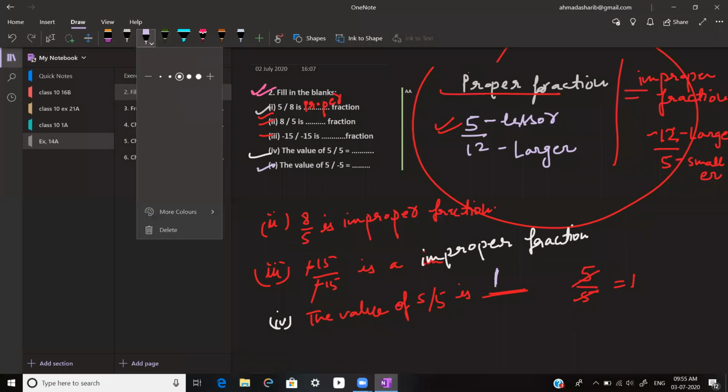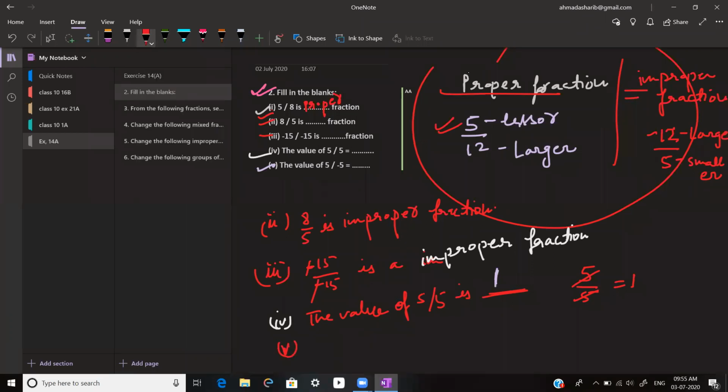Next question. Students, the fifth part of this question: the value of 5 upon minus 5. Now tell me, what is the value of 5 upon minus 5? Look at this. The 5s cancel each other, giving 1 upon minus 1.